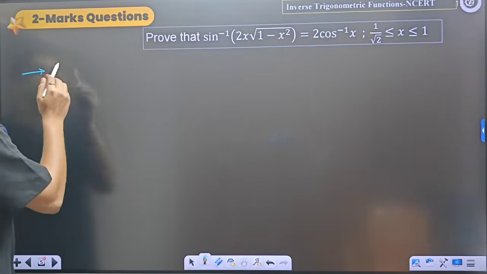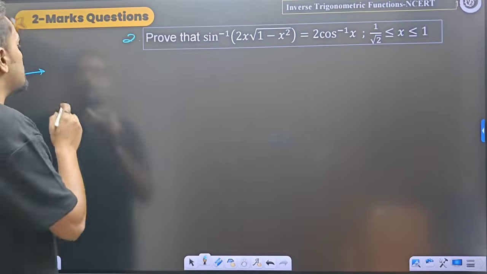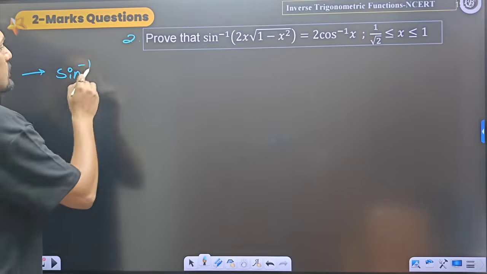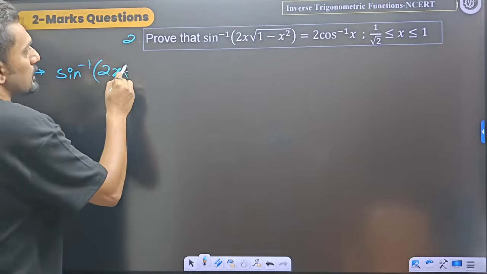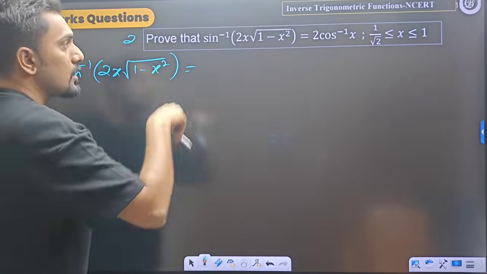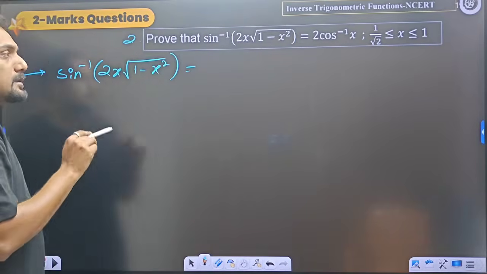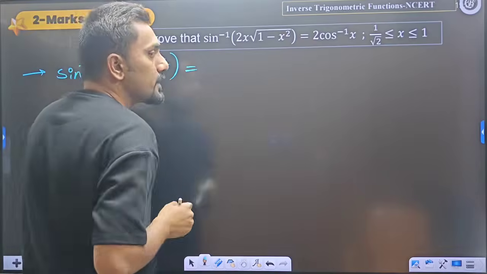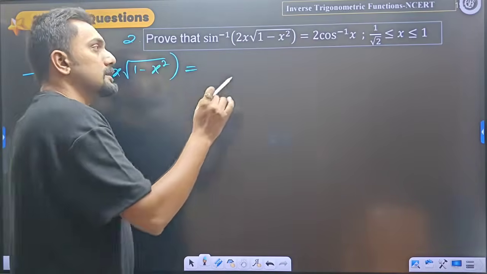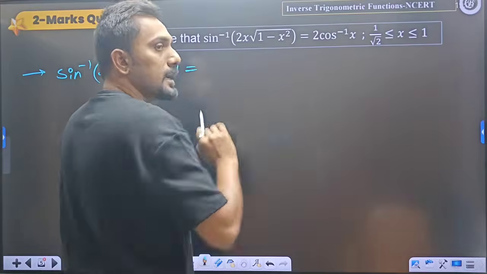Prove that, the second question is, prove that sine inverse of 2x multiplied by root of 1 minus x square is equals to 2 cos inverse x. In this case, we already did the substitution x equals sin theta, because the RHS part was in terms of sine.